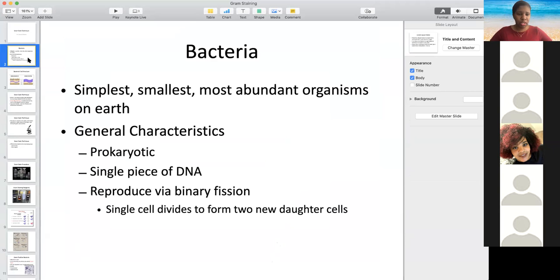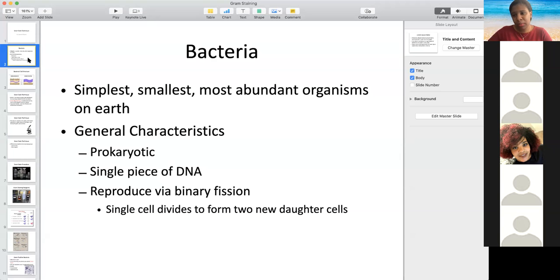Really briefly, bacteria are very small. They're the most abundant organisms on the earth. Some general characteristics of bacteria that you should be familiar with is that they are prokaryotic organisms. In general we can categorize all living things at the domain level as either prokaryotic or eukaryotic.